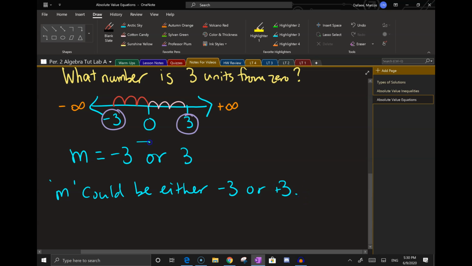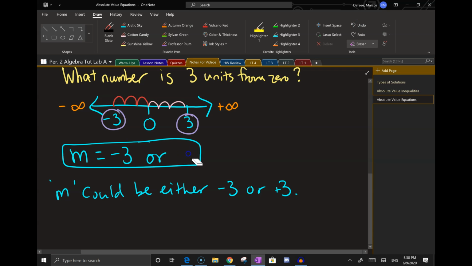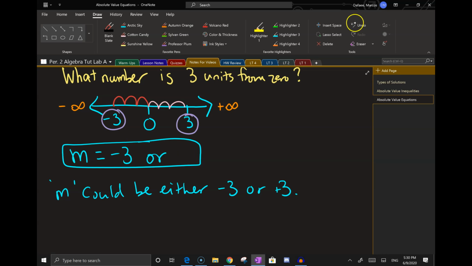And this is a complete answer. If you were only to say 3, or only to say -3, but you didn't put the +3 in there, you would have an answer that is incomplete. You would need to express both.